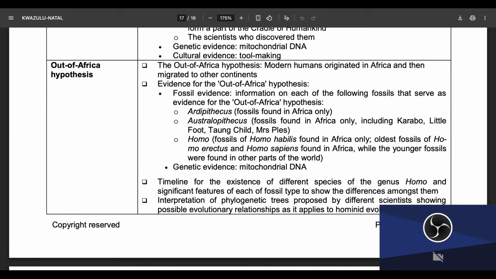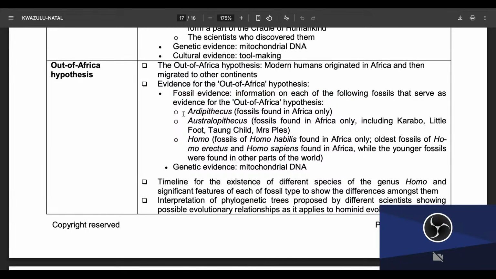But what you are looking at now is the Out of Africa hypothesis from the guideline. Now, the question we just did now was explain how the fossils support Out of Africa hypothesis. And so here is your section on the fossils. We've got fossil evidence from each of the following.